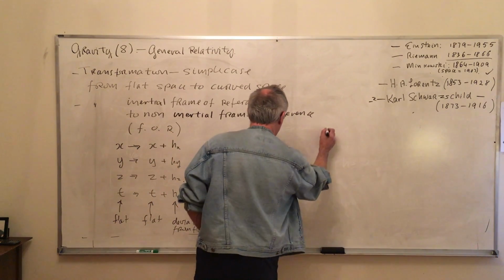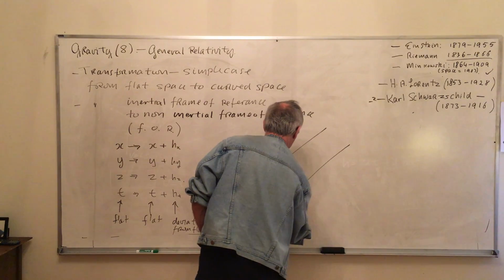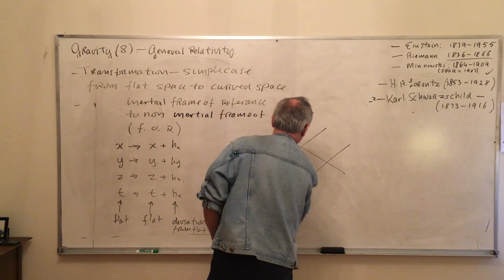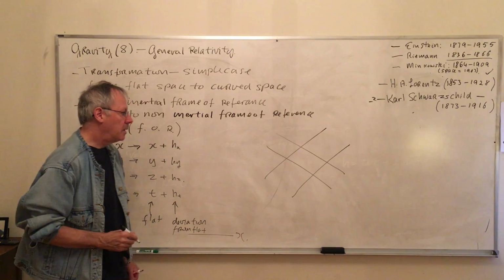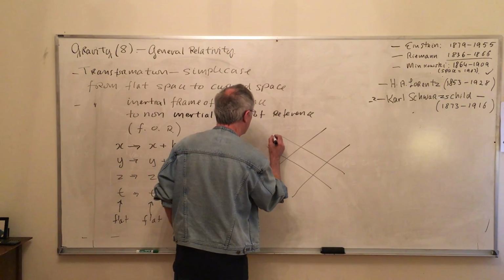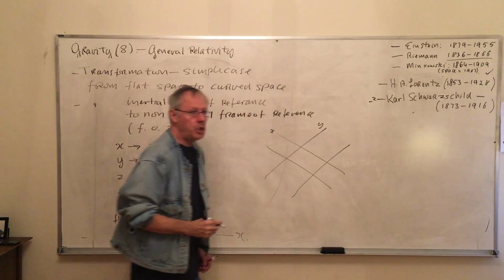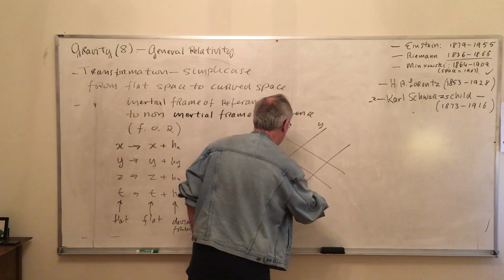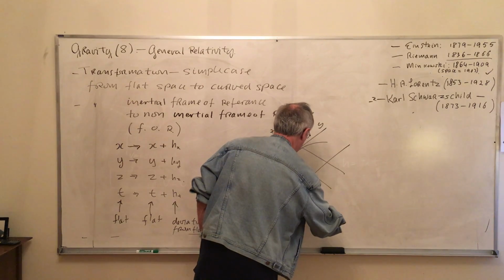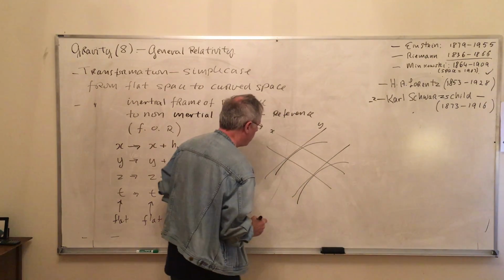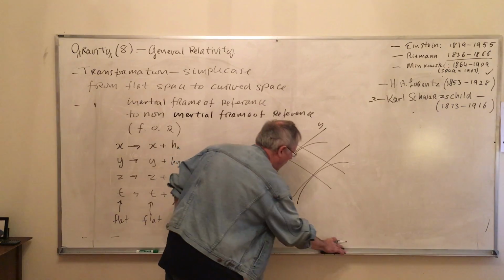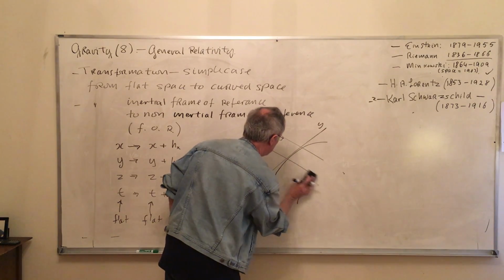Now that corresponds to a situation like this. Here's our flat space. It's just the x and y coordinate to start off with, to a new x and y coordinate. Now we're only looking at one point.